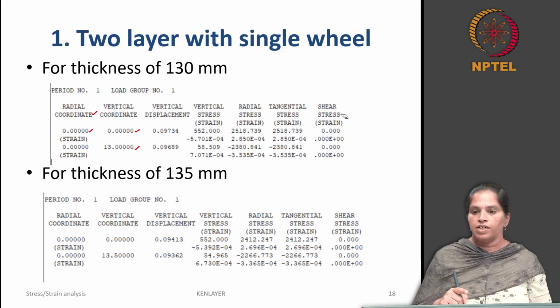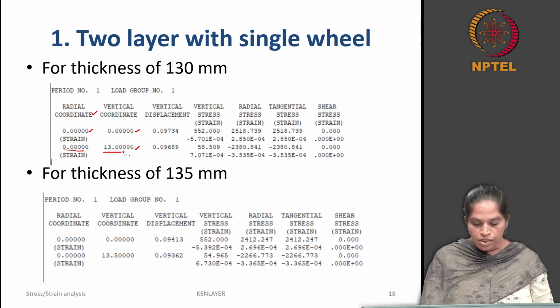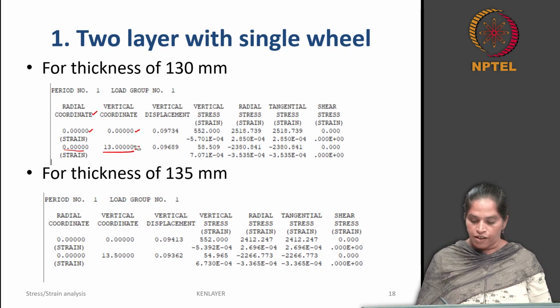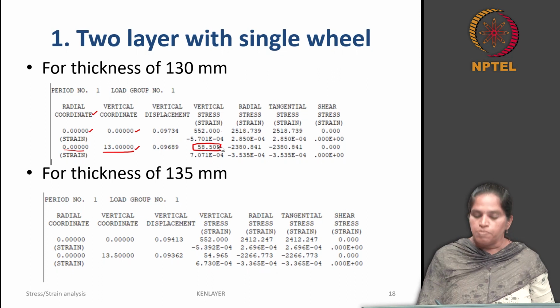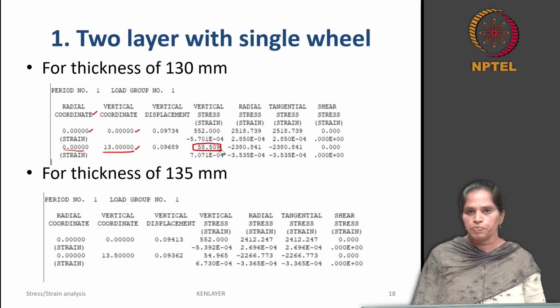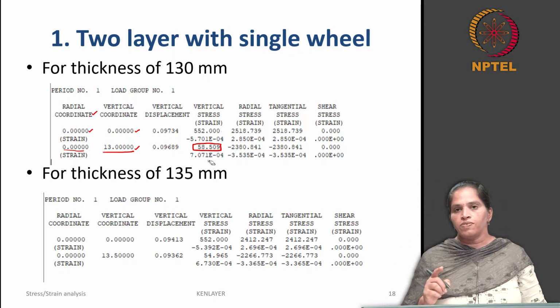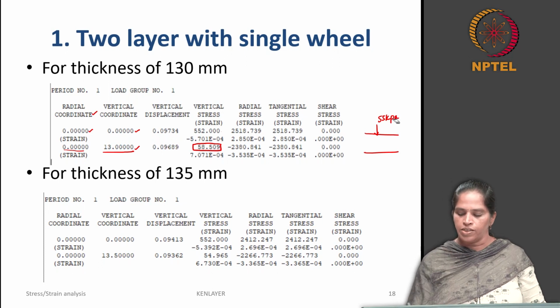So what exactly do we need? The stress on the top of the subgrade layer. It is exactly at 0.13 meter below the surface, and we need to find out the vertical stress. This is the vertical stress at the top of the subgrade layer: 58.509 kilopascal. Our constraint here is that we need to restrict the stress on the top of the subgrade layer to 55 kilopascal.